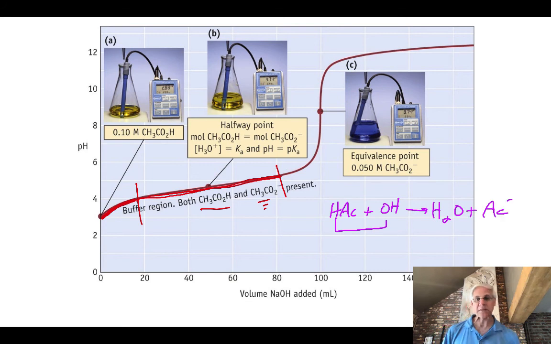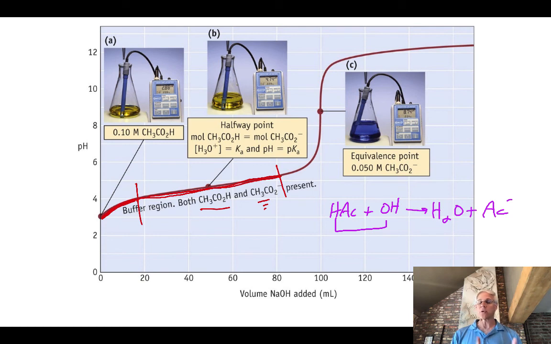Well, we know that acetate ion is the conjugate base of the weak acid, acetic acid. And because it's the conjugate base of a weak acid, that means that it itself is a weak base and has basic properties. And so that's why we have a basic pH, a pH greater than 7 at the equivalence point.